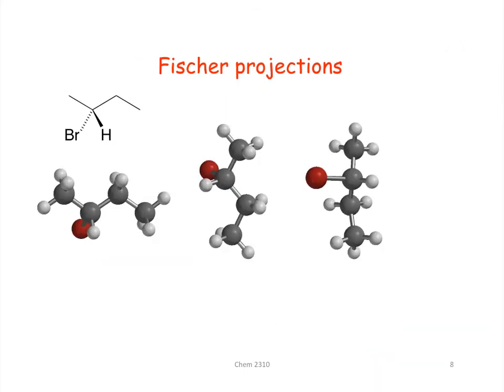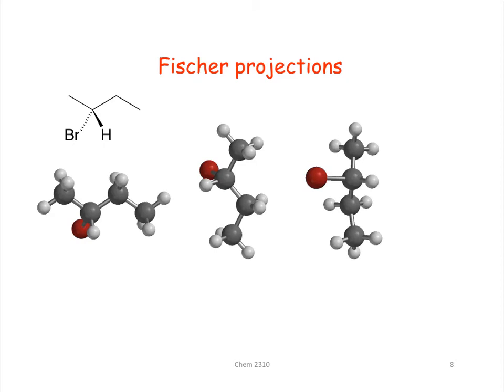Alright, so now I'm going to show you a different way of drawing chiral structures. I'm not particularly fond of this method, but it is used sometimes, particularly in biochemistry, and so you should know how to do it.